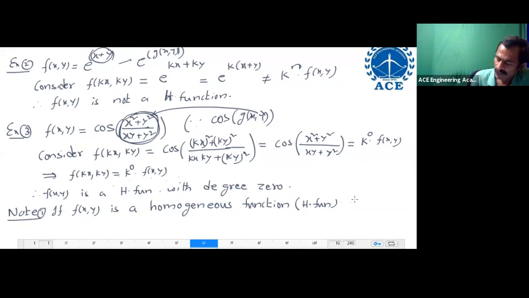So f of x comma y is a homogeneous function with the degree n in x and y.